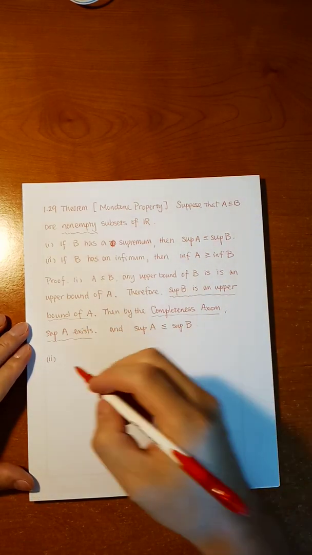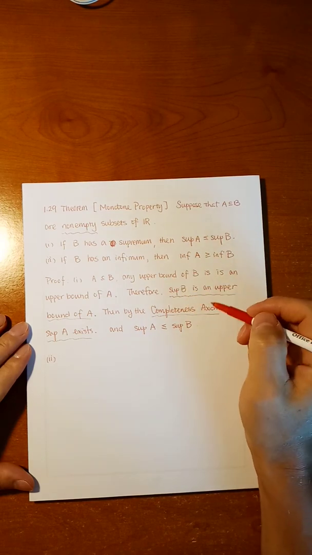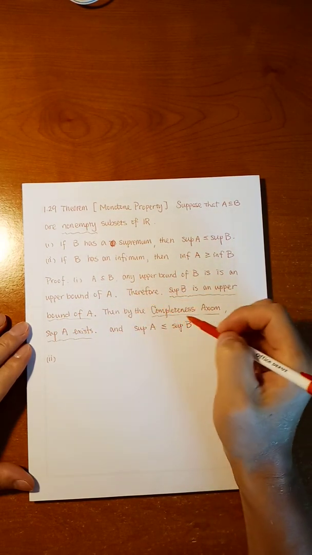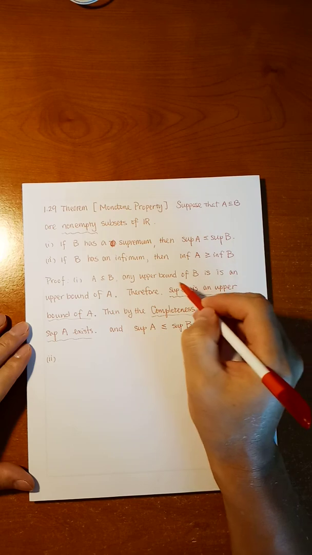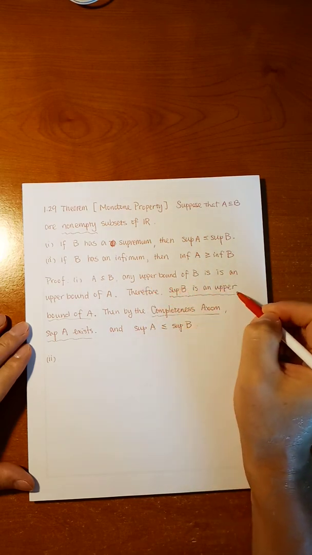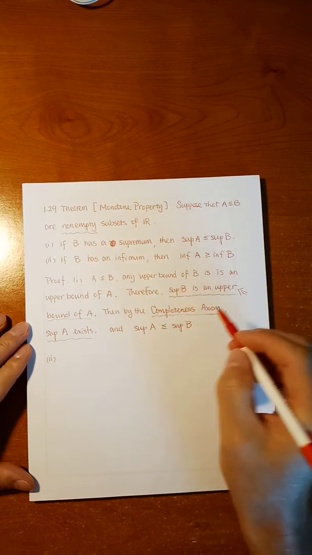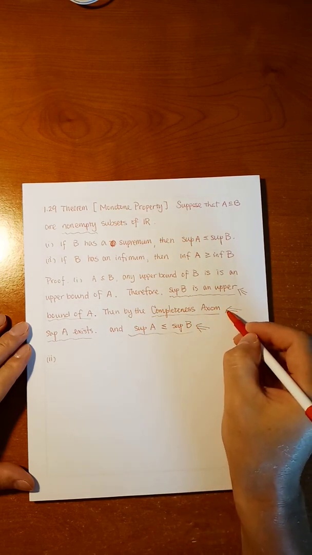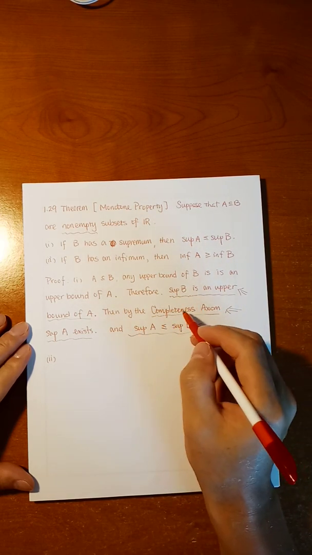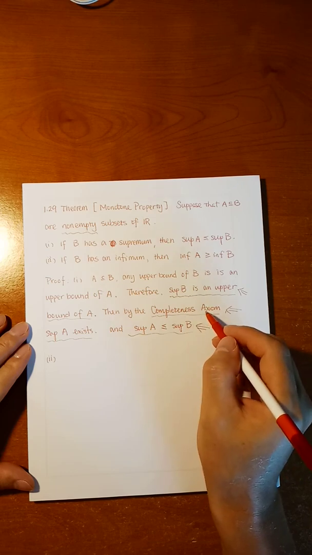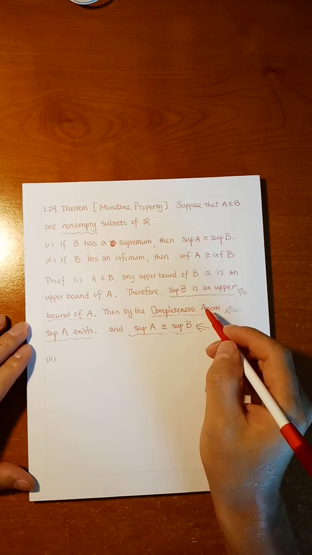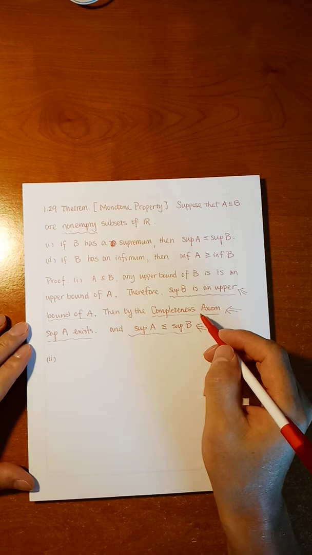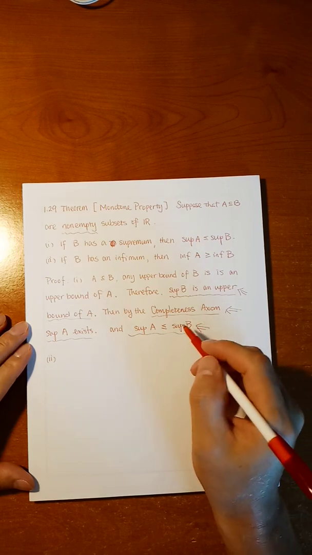Okay, so now let's talk about the infimum. In this process, you can see that this is a definition of upper bound. And this is a property of real numbers, the completeness axiom. And the completeness axiom is related to the supremum.